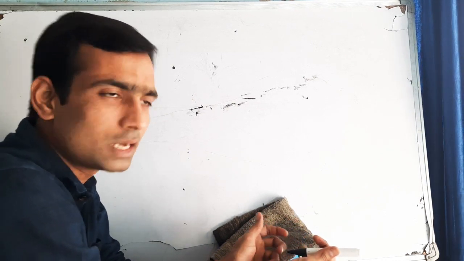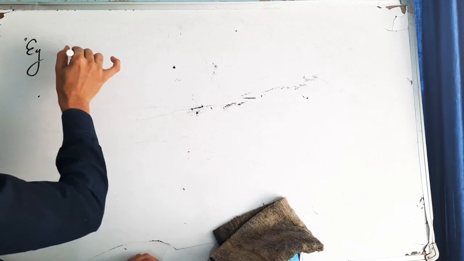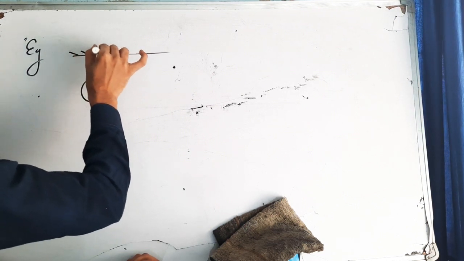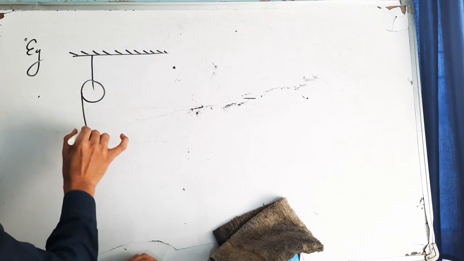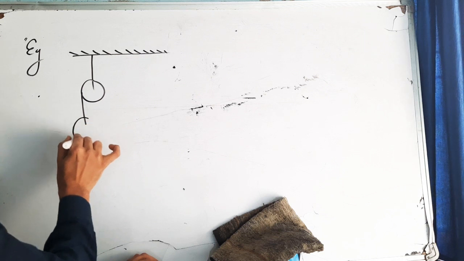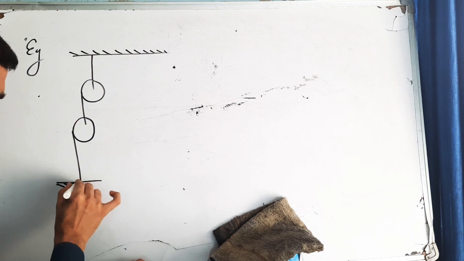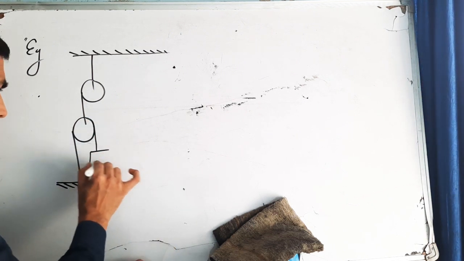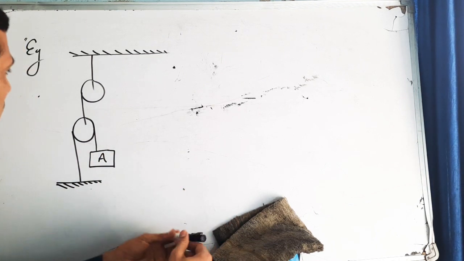So now I am going to take another example which is again based on constrained motion, student. So this is the question. Again you can say this is a pulley block problem. This is another pulley, and here I am going to attach the pulley, and just say this is block A. This is block A, right student?